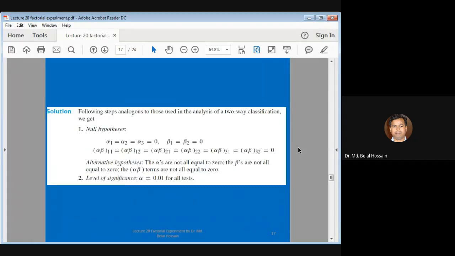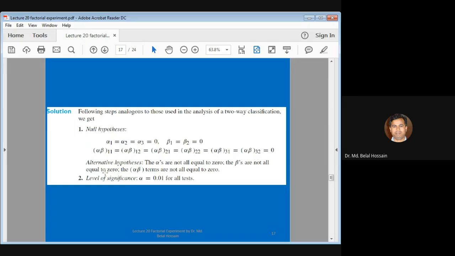That is the problem. So we will have the null hypothesis that the 3 alphas for factor A equal 0, that the 2 level parameters for factor B are 0, and for all possible treatment combinations, whether the 6 possible interactions, alpha beta 1,1, 1,2, 2,1, 2,2, 3,1, 3,2, are 0 or not.